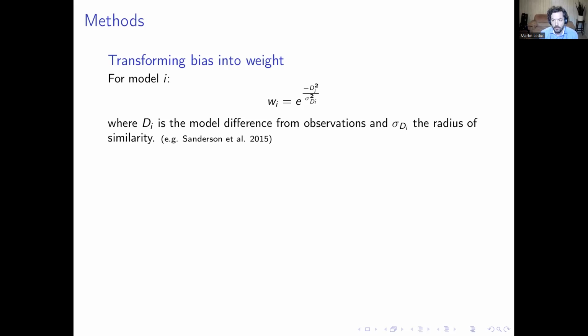But if we would define it larger than that, for instance 2 times internal variability or 4 times, you will tend toward a flat weighting distribution. So at the end, of course the bad models will have a larger weight, but is it really what we want? It's difficult to say.